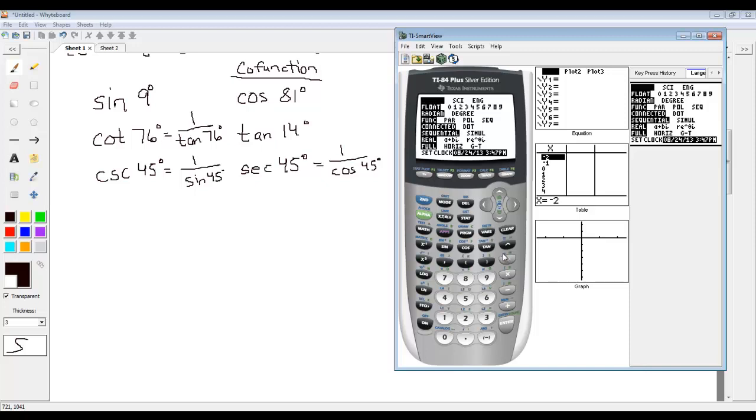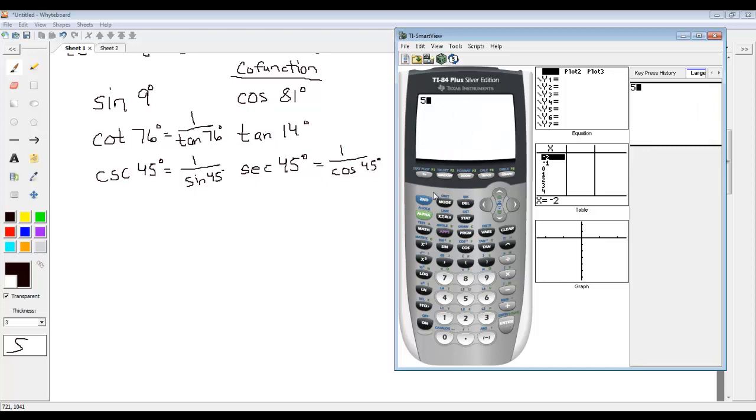So you want to scroll down and then scroll to the right and hit enter to select the degree mode. Because if you're in radian, you're not going to get the same answer. We haven't talked about radians yet, but radians are something else. You would get an entirely different answer. So you want to make sure if you're dealing with degrees that you're in degree mode. And you check that on a regular basis.